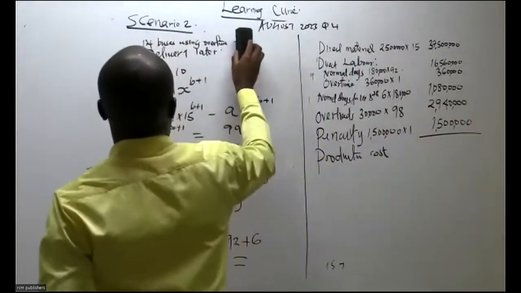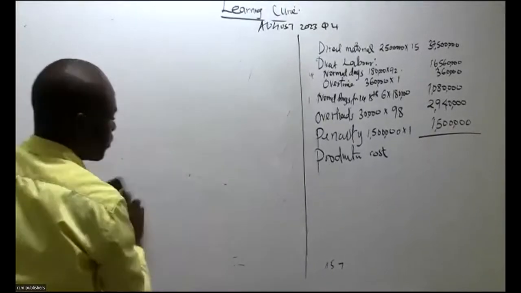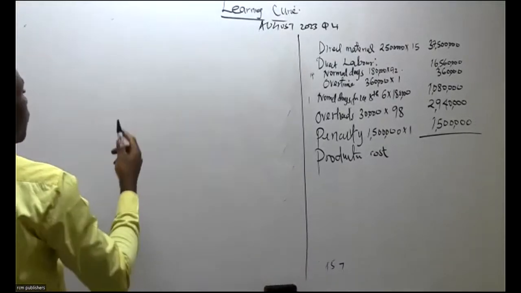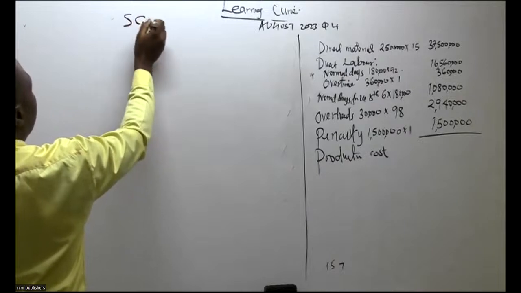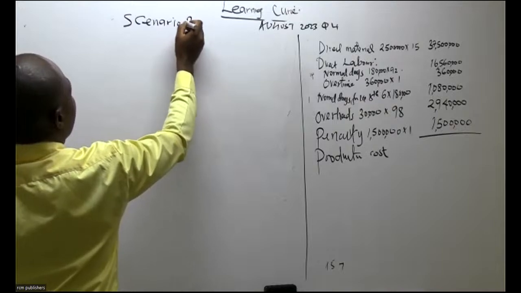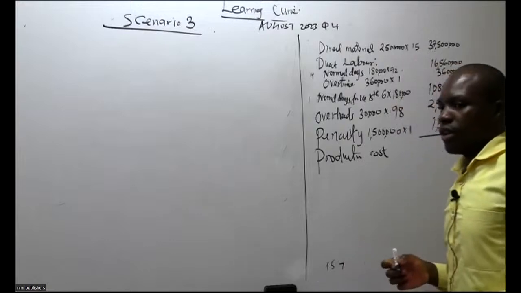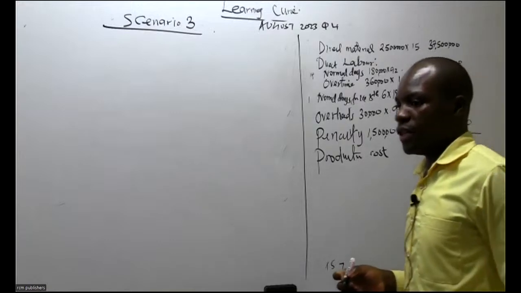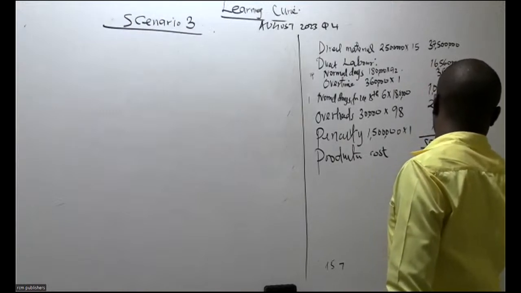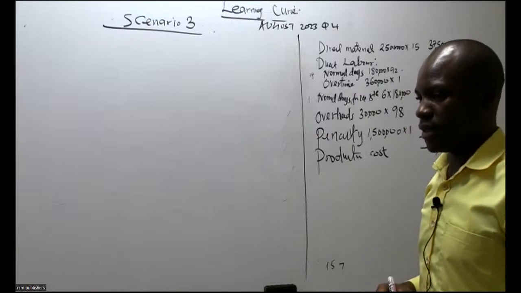Then we get to scenario number 3. Ongeza kila kitu. 59,940,000.